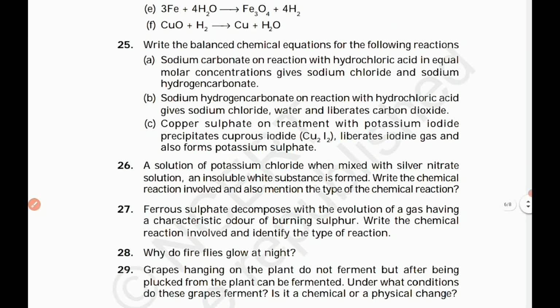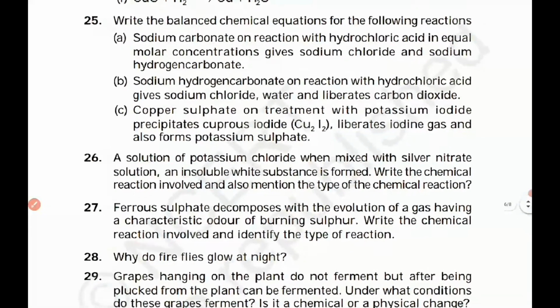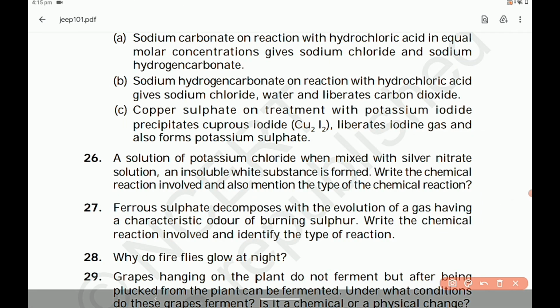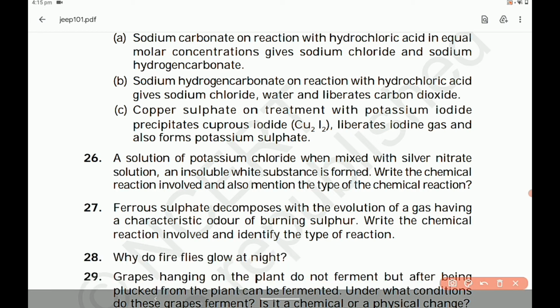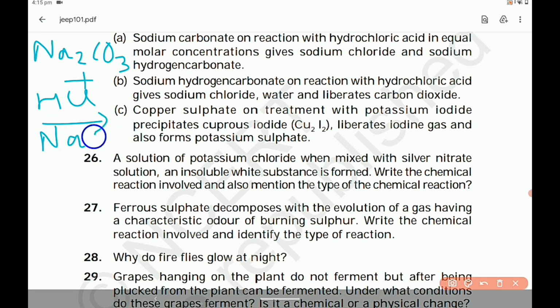Okay. Write the balanced chemical equations for the following reactions. We have to write a balanced chemical equation. Let's try the best to do that. Sodium carbonate on reaction with HCl is giving sodium chloride and sodium hydrogen carbonate. Na2CO3 plus HCl give rise to NaCl, because I don't have space, I'm writing like this, NaCl plus NaHCO3.